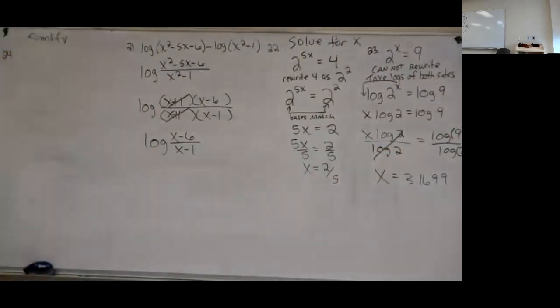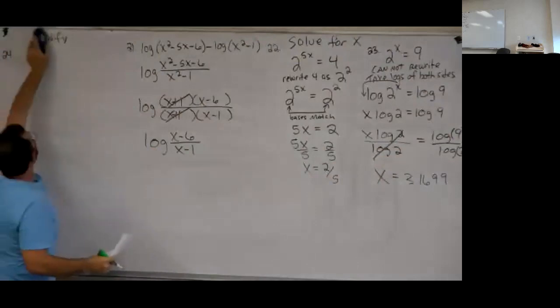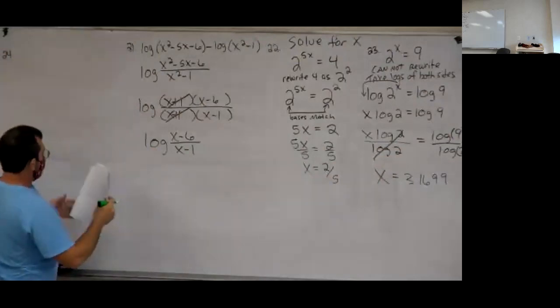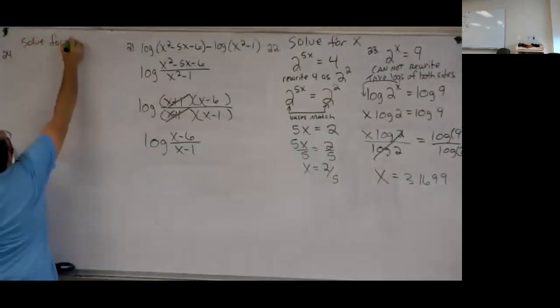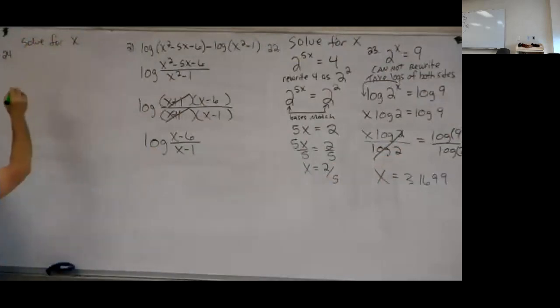So then we ended up with 2 logarithmic equations. Those 2 equations I just did were exponential. These are going to be logarithmic. So these will say solve for x still. Which one? 24.